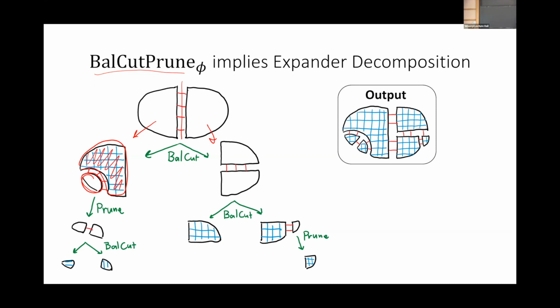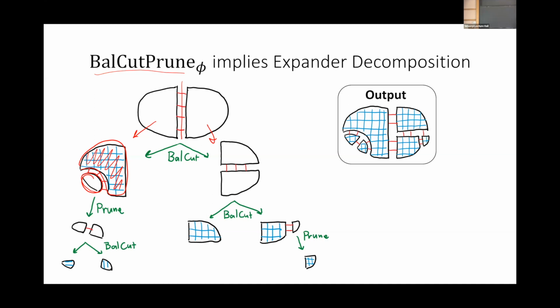So for the prune case, is it guaranteed that the number of inter-part edges is also small? So the total volume here is something like a 1 over log squared fraction. So in particular, the total number of edges incident to the small side is a 1 over log squared fraction of the whole graph.